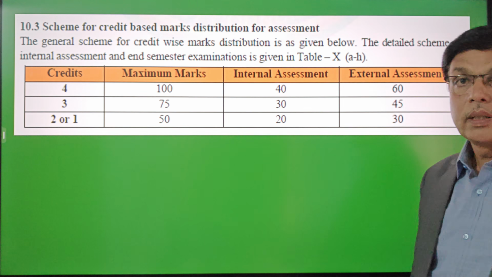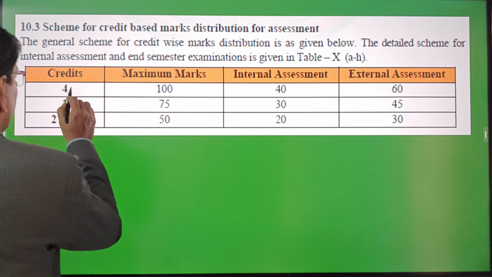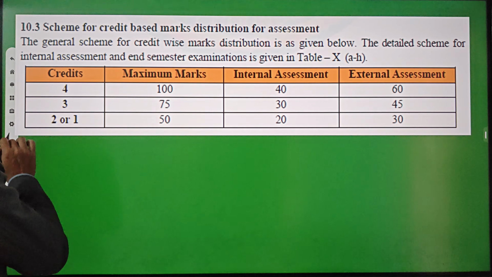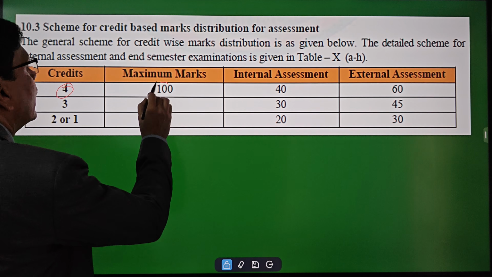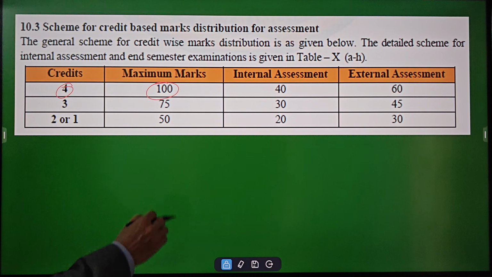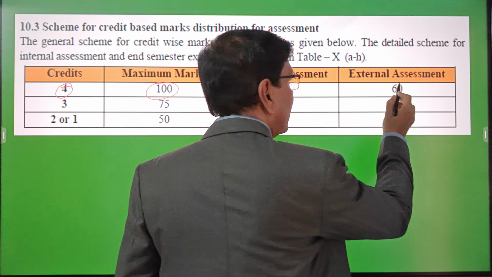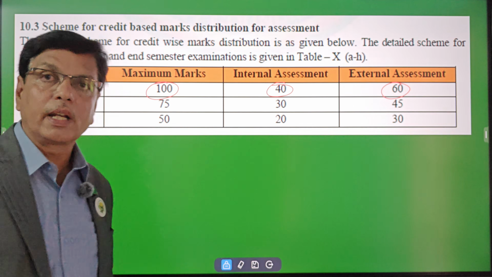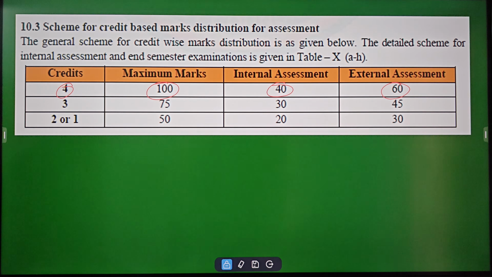Right. So please remember, the courses which are having 4 credits will be having 100 marks, and out of 100, 40 would be internal assessment marks and external assessment, that is end semester examination or university examination, is for 60 marks.